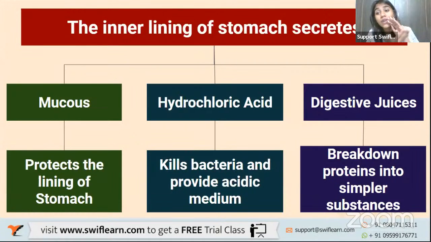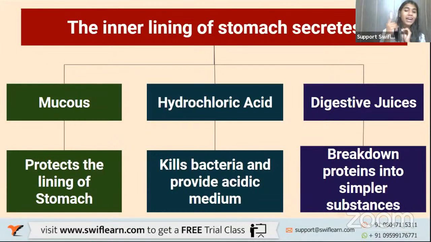The same hydrochloric acid is produced in your stomach, so there are chances that the walls of your stomach will burn. To avoid this burning sensation, you have mucus. Mucus is like a protective layer that makes sure the hydrochloric acid that is secreted does not damage or burn the lining of your stomach.